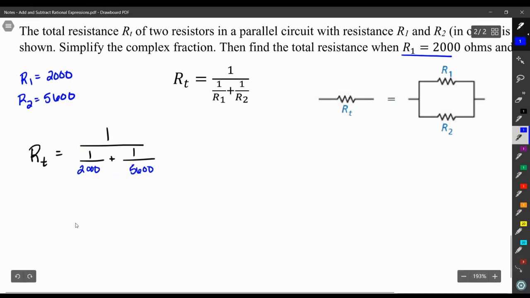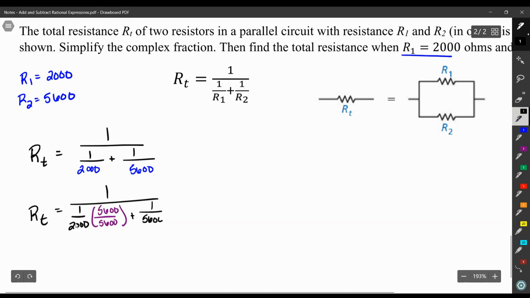So let's see, RT equals, we're going to keep dragging that down. RT equals 1 over, okay, so 1 over 2,000 needs 5,600 multiplied to it. 5,600. And then plus 1 over 5,600 needs that 2,000 multiplied to it. So 2,000 over 2,000. So we're going to get some pretty big numbers here.